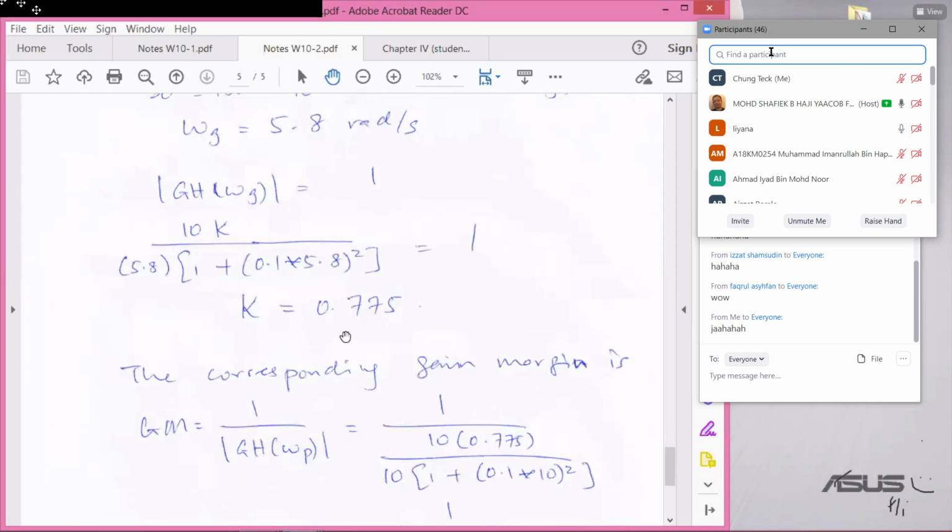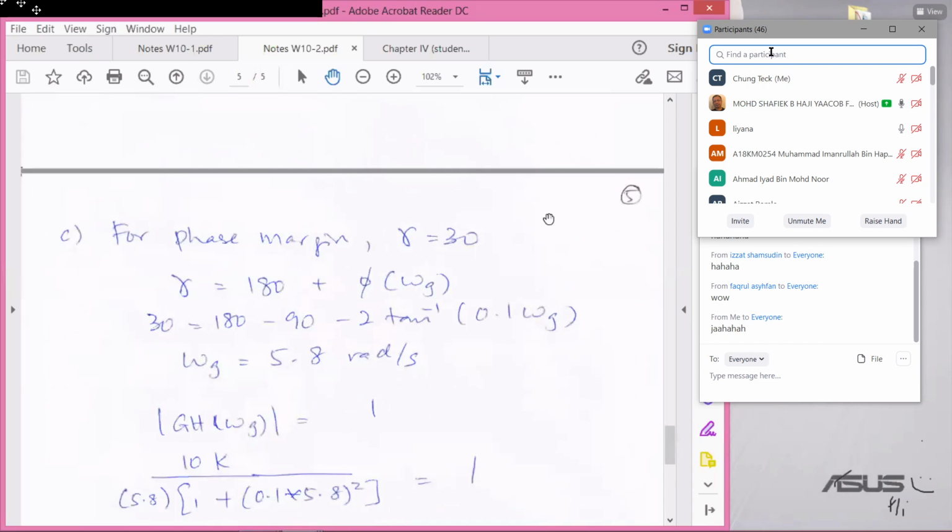So when your k is equal to, you can now solve this. This is a very easy equation to solve, and then you get the value of k is equal to 0.775. So this is the value of k that can fulfill this criteria of phase margin equal to 30.